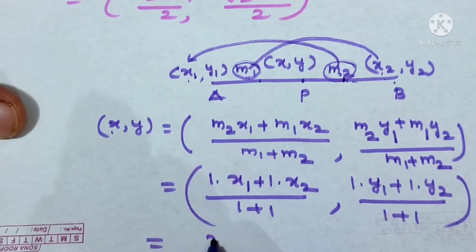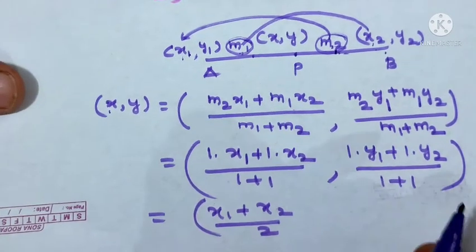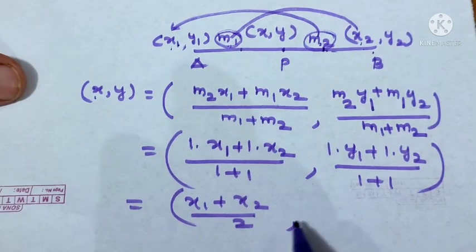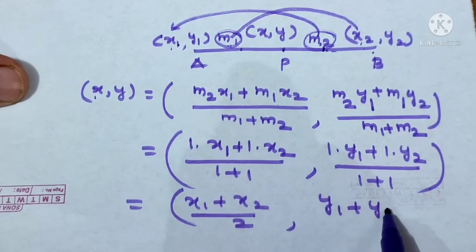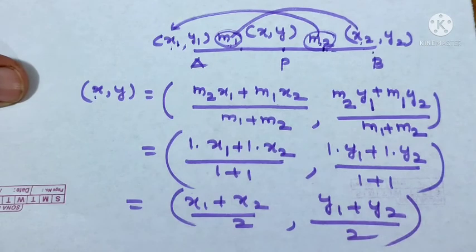So (x1 + x2)/2. Now similarly, what is the y value? (y1 + y2)/2. So the midpoint we got.